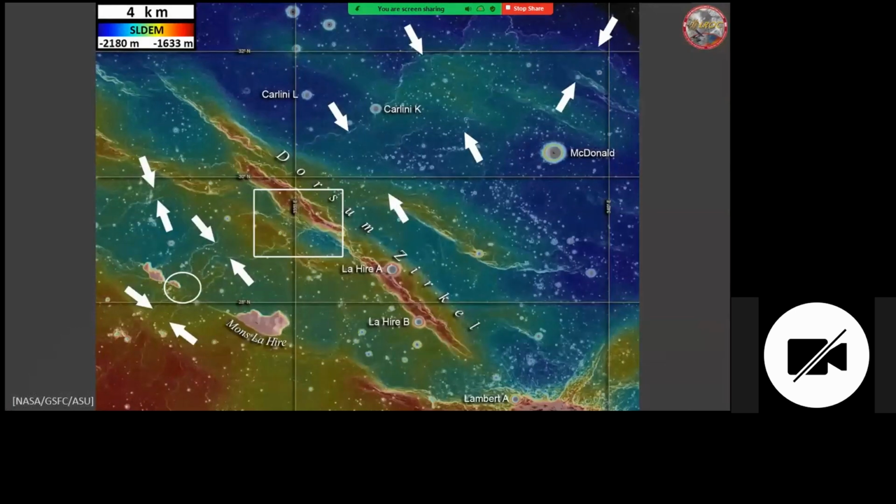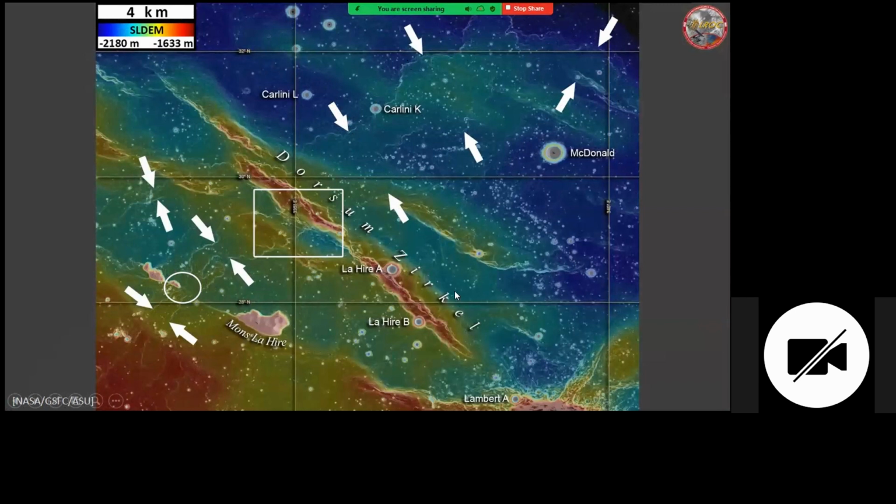This is the SLDM looking at Dorsum Zirkel. The circled area down here is that lava flow that evades the kipuka that I mentioned earlier. And the white arrows are pointing out the flow fronts for one of these flows.